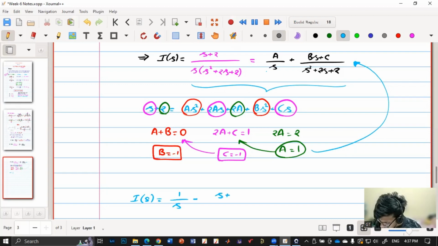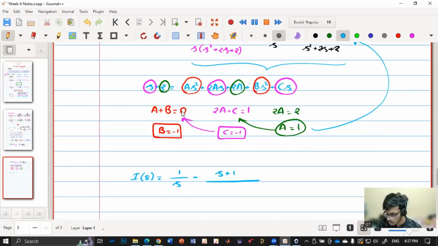The numerator will be s plus 1, and the denominator we'll write in the form s square plus 2s plus 2 as (s plus 1) whole square plus 1 square. I'm just reframing it in a way that it will fit into my result. I'll tell that result again.